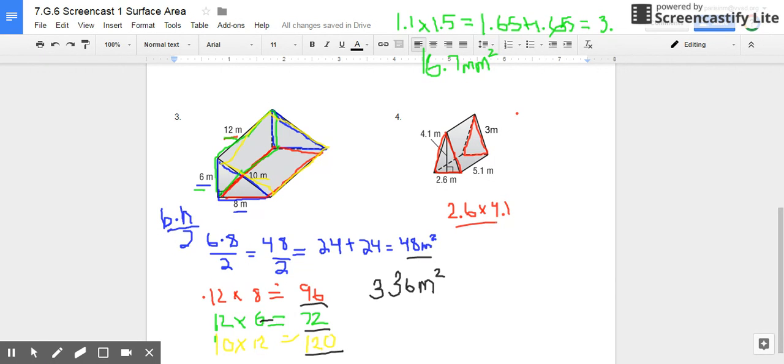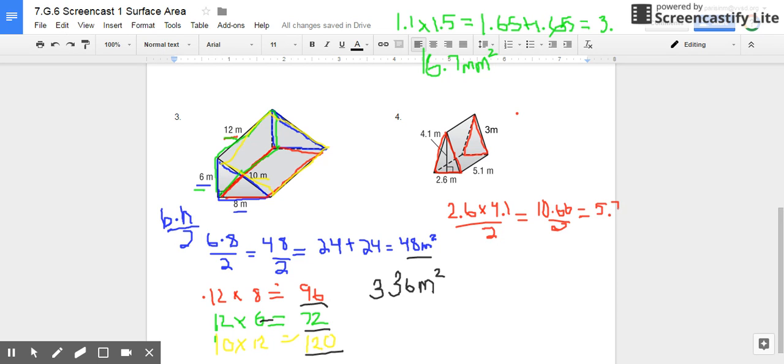And then divide by 2. If we don't divide by 2, we're automatically just finding the area of 2 triangles. But let's just stay with these steps for now. So 2.6 times 4.1 will give us 10 and 66 hundredths that we have to divide by 2. If we divide it by 2, that's going to give us 1 triangle. So divide by 2, and we get 5.33.